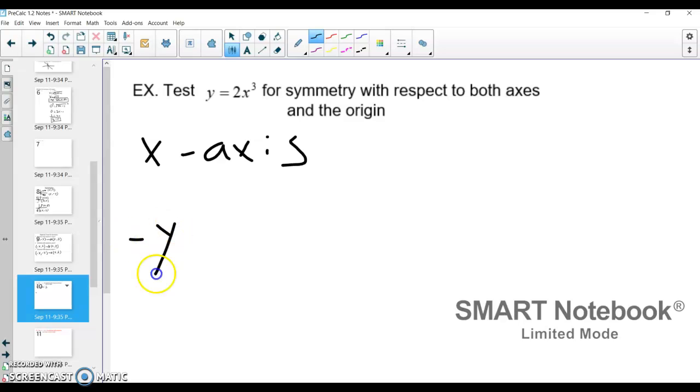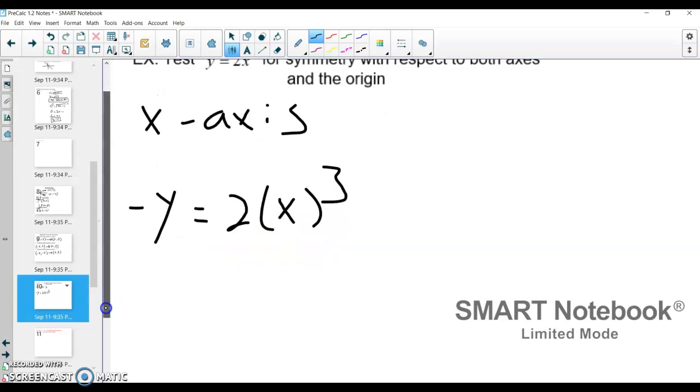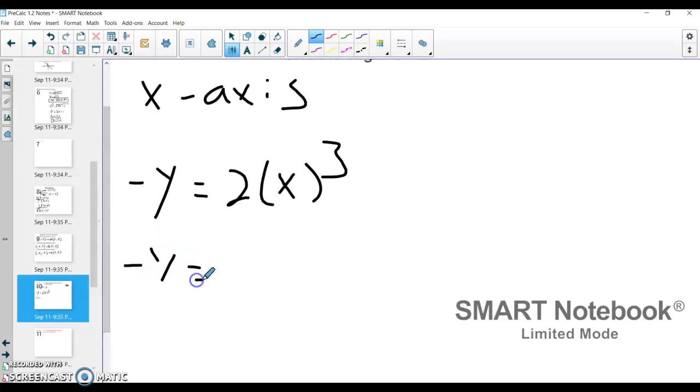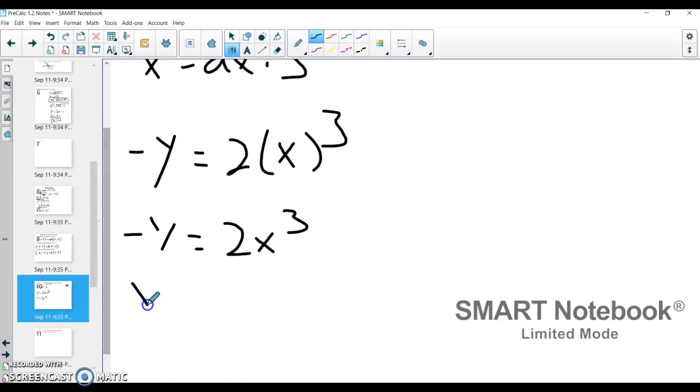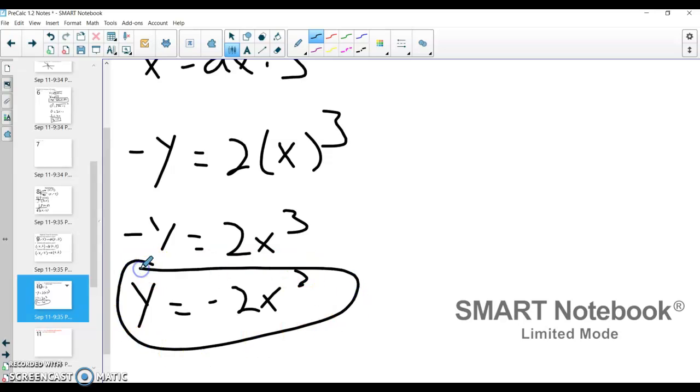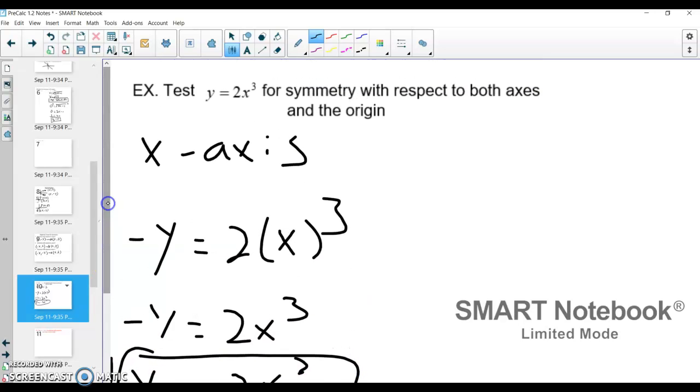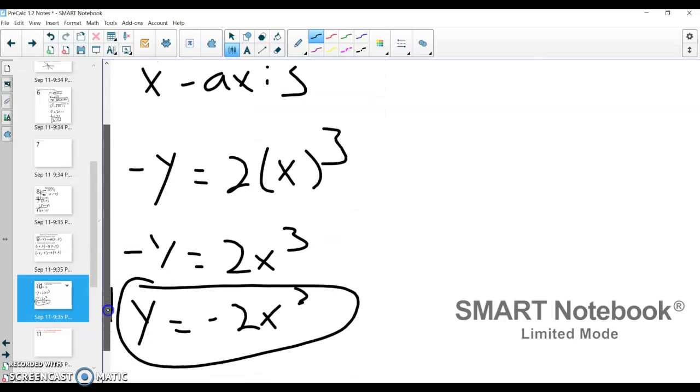So plugging in, that's negative y equals 2 positive x cubed. Working it out, that's negative y equals 2x cubed. Divide by negative 1 on both sides, that's y equals negative 2x to the third. Since this equation is not the same as the original, it doesn't have symmetry.